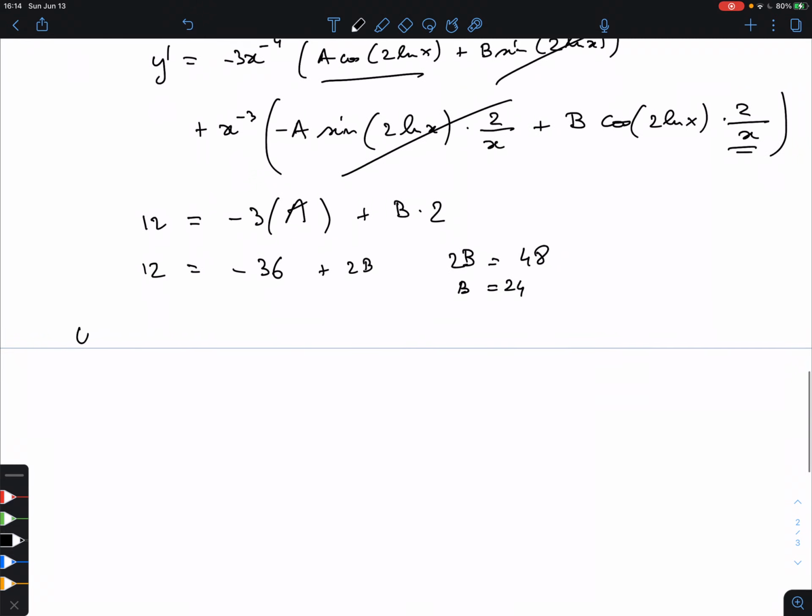And so our solution was y equals x to the minus 3, or let's write it even neater and write it as a denominator.